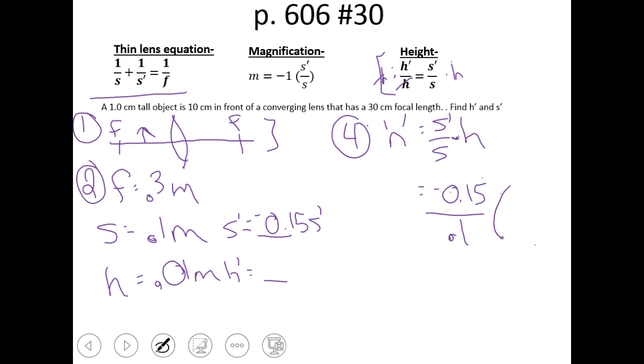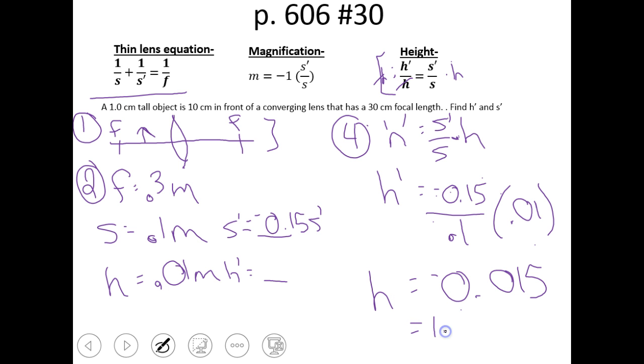Multiplied by h, the height of the actual object, which is 0.01, right? And all of that is going to be my h prime. So I'll do my division first and then multiply, and I wind up with negative 0.015, right? Which is going to be 1.5 centimeters. If you want to leave it in meters, that's fine.